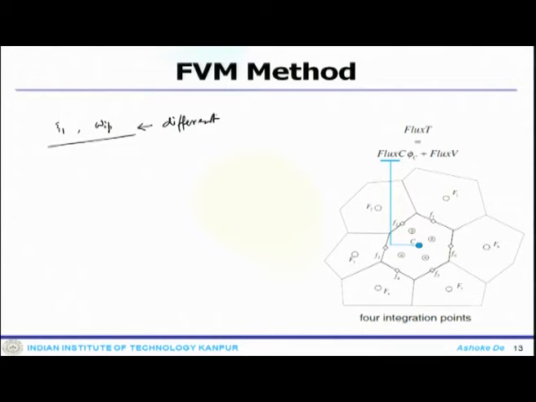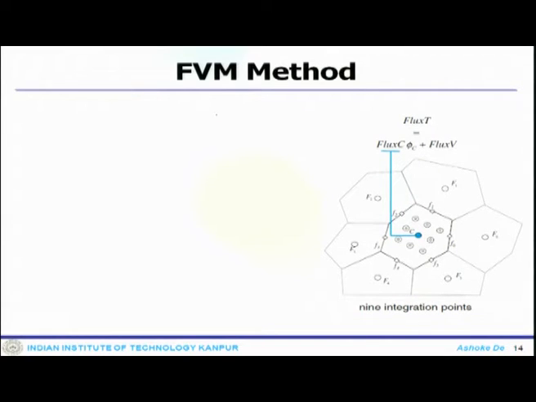So, you can also have the 9 integration points. It depends. All these points, the IP, can actually vary, and accordingly your WIP will also vary. And so the integration that you have here, like for the source term, Q dV, this is your volume integration.